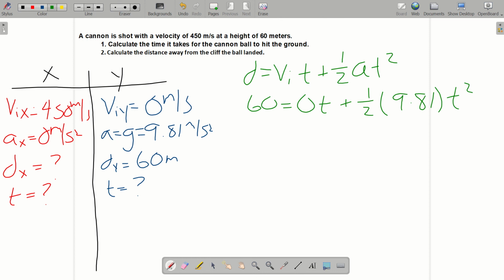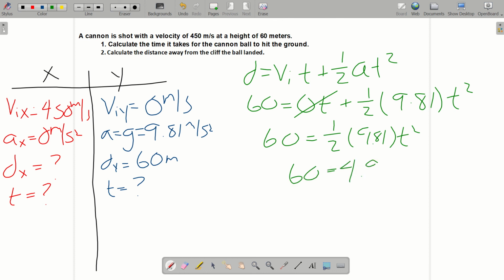0 times t is going to be 0, so let's get rid of that. And we're left with 60 is equal to 1/2 9.81 t squared. So let's multiply 1/2 and 9.81. So 60 is equal to 4.9 t squared.